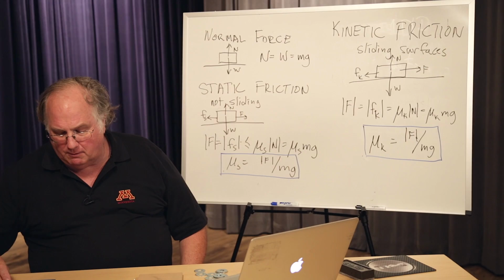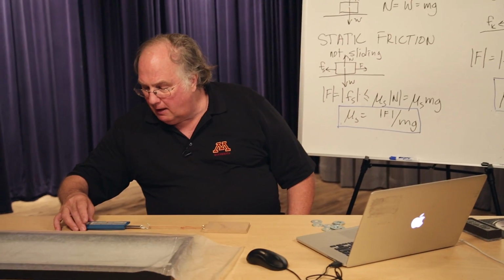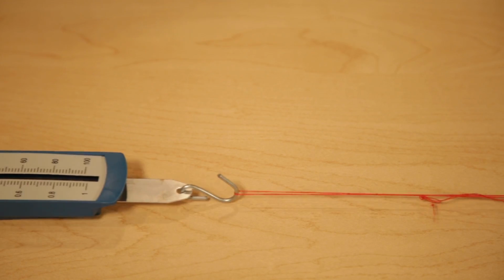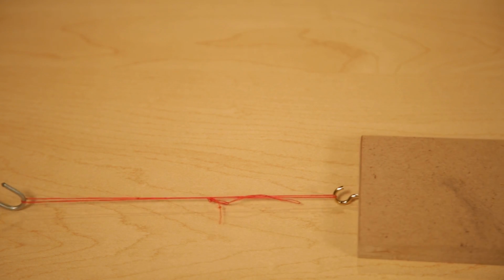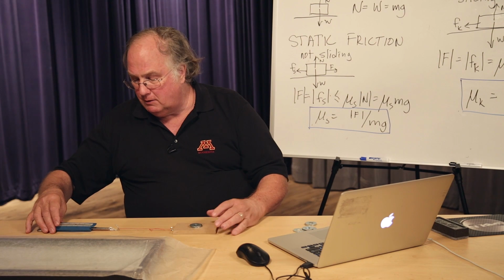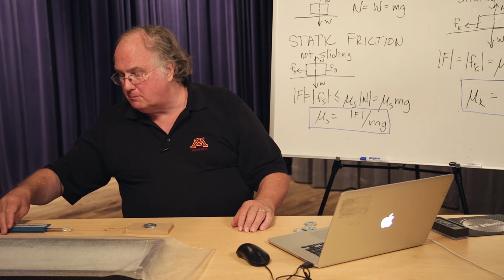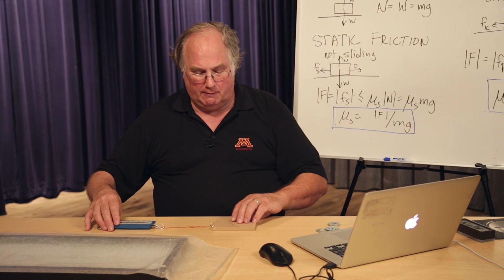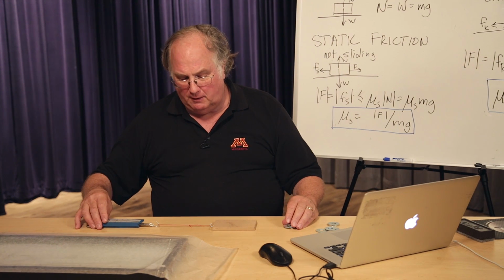You do the same sort of things, but now you try and keep it moving along at a steady speed and measure the force. Again, try this with several different surfaces, several different weights. With kinetic friction, you're moving it at a constant speed. With static friction, you're pulling until it starts to move. What circumstances you do is up to you. Send me the results. Okay.